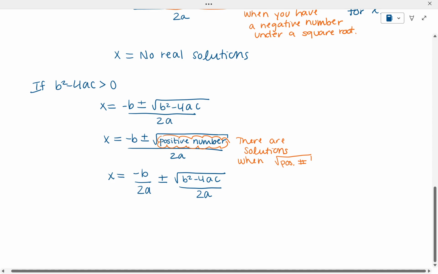So these are the solutions. And remember, we always separate these by commas, so this will be negative b over 2a plus the square root of b squared minus 4ac over 2a, comma, negative b over 2a minus the square root of b squared minus 4ac over 2a.